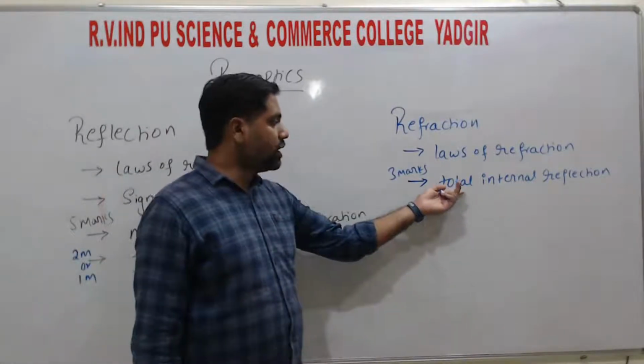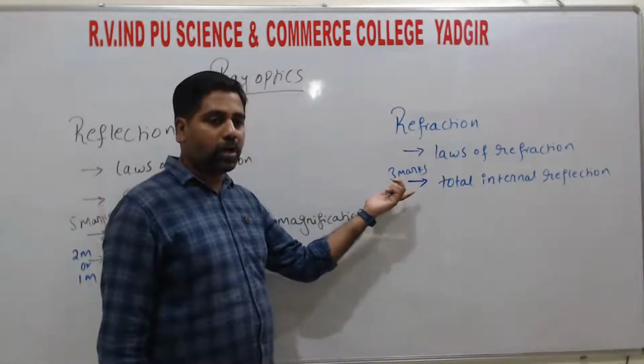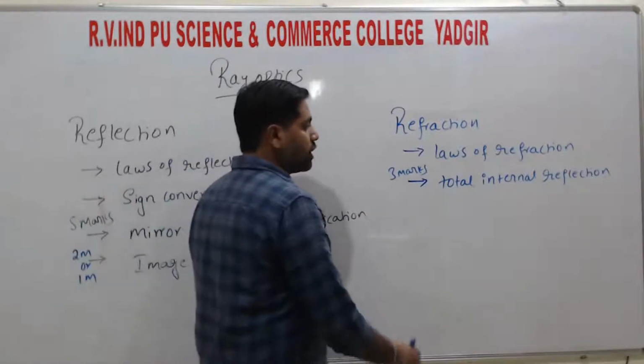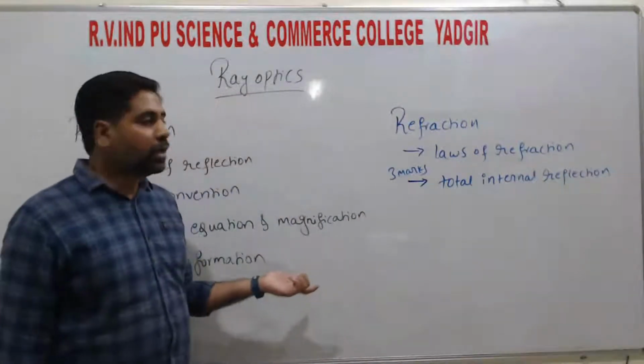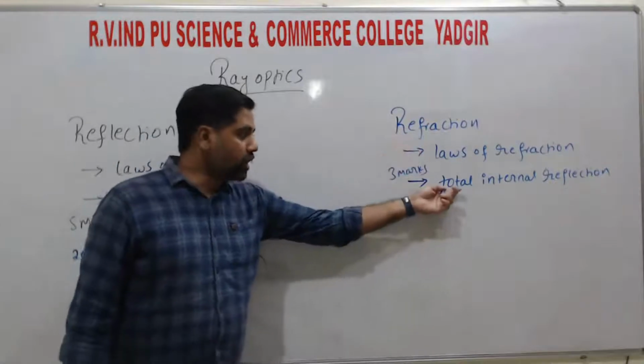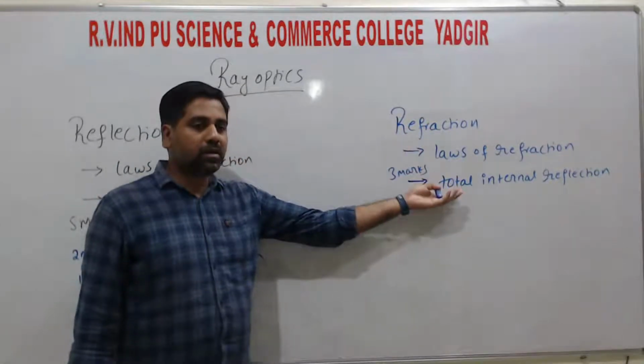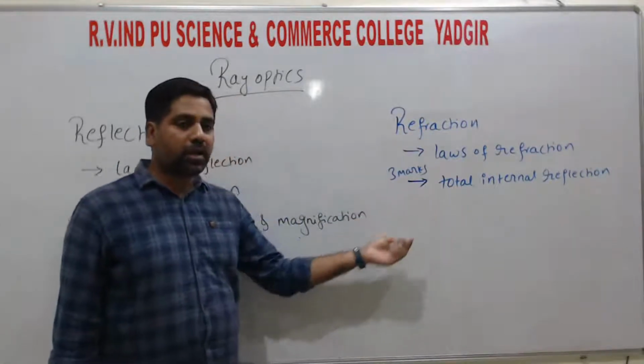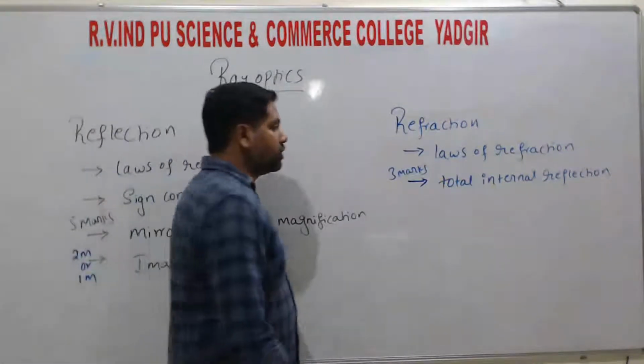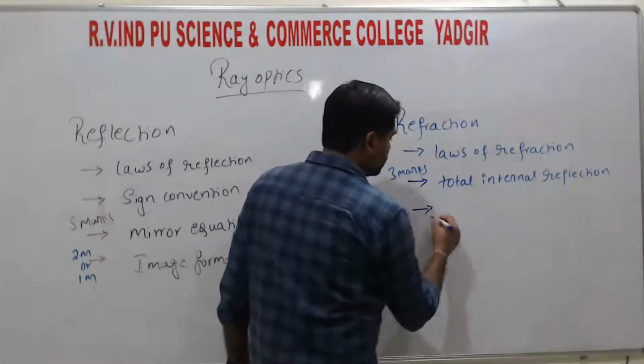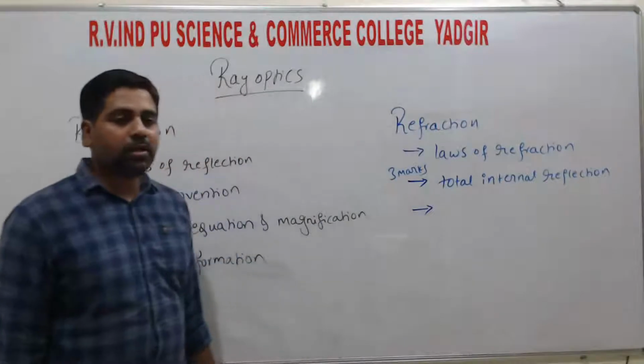So next, some natural phenomena of refraction, that is total internal reflection, that means applications of total internal reflection. So that is a possibility of asking a question for 3 marks, right?